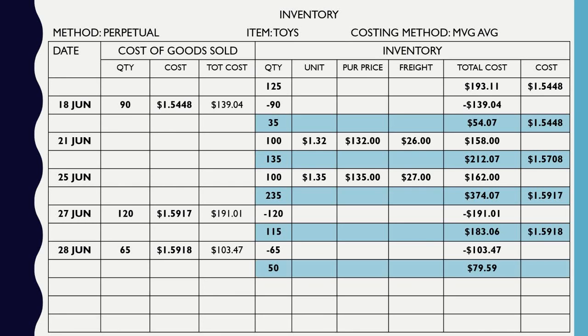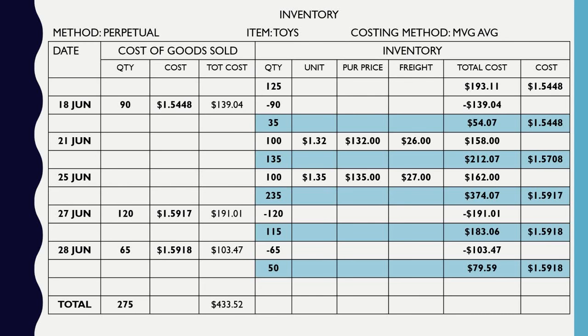I subtracted it out. So I have a total remaining ending balance of 50 units at a total of $79.59, which then my average cost per item is now consistent at $1.5918. Okay. All right.